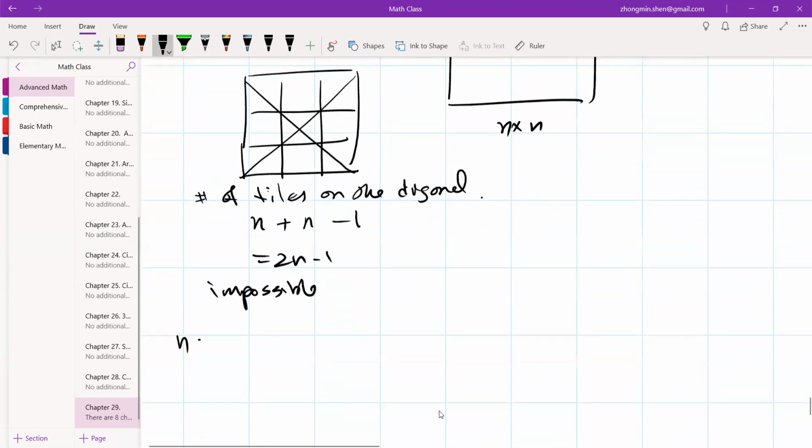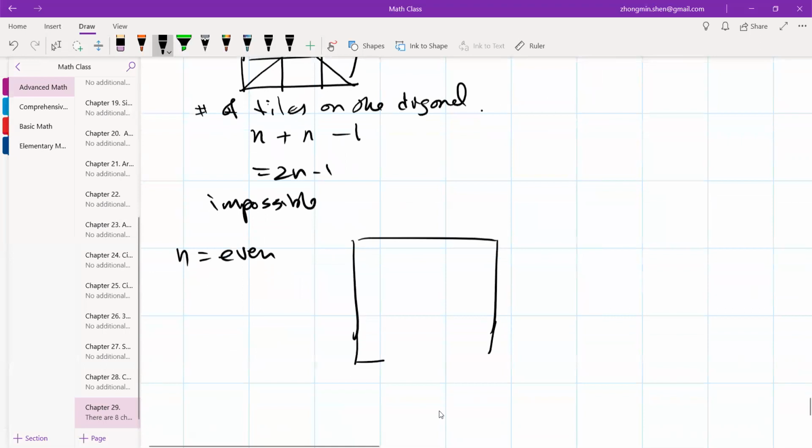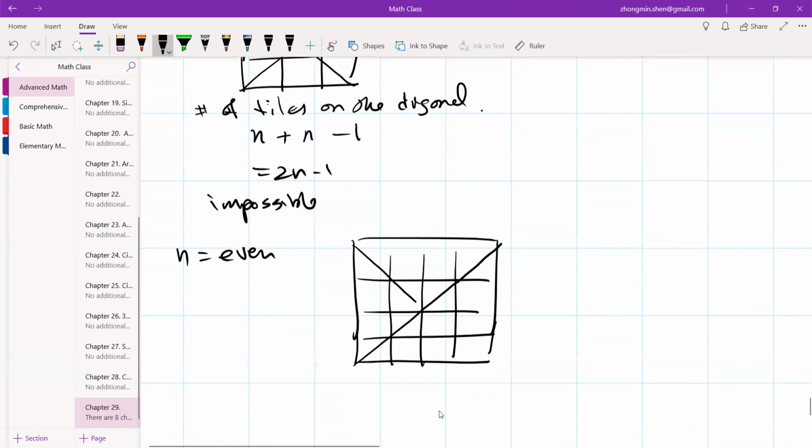Then you look at n equals even. You can look at 1, 2, 3, then 1, 2, 3, 4, right? Then you look at this case. Okay, let's count how many when n is even. When n is even, each diagonal has n tiles, right?